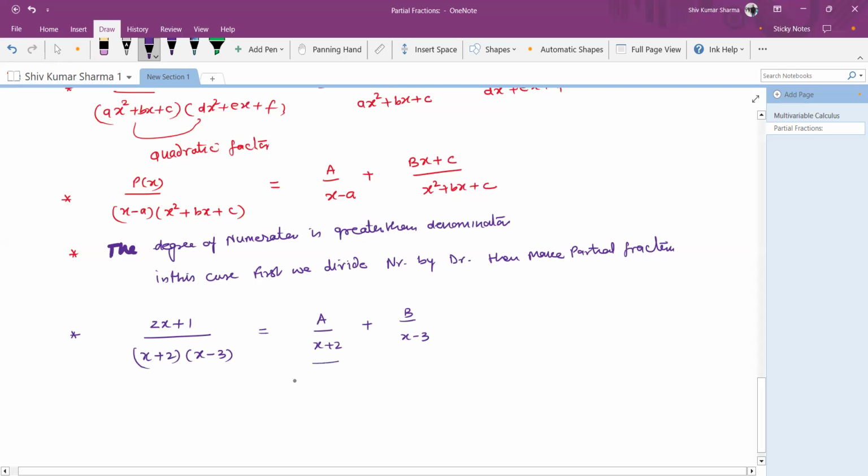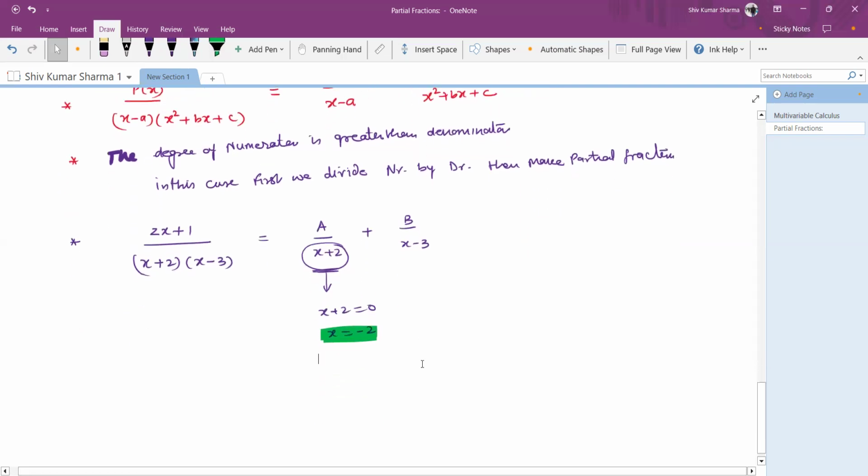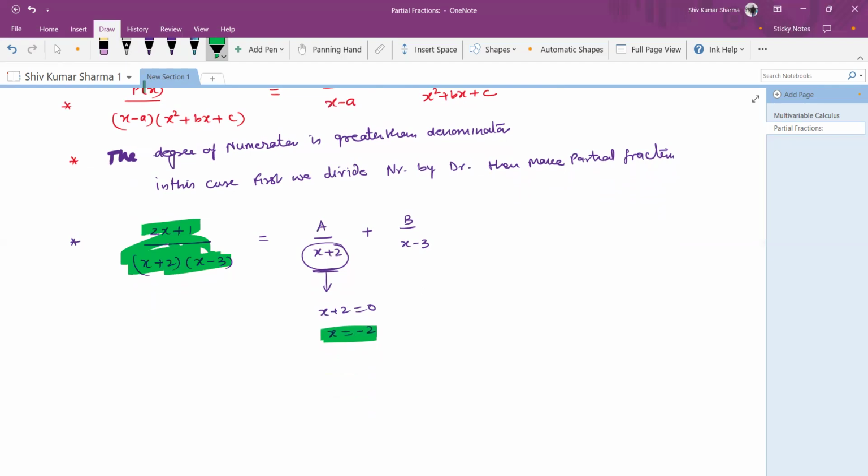We directly check the factor of the first term. When we take the factor x plus 2 equal to 0, x gives us minus 2. So we put this value into the given function, fx upon gx, by removing this factor x plus 2.